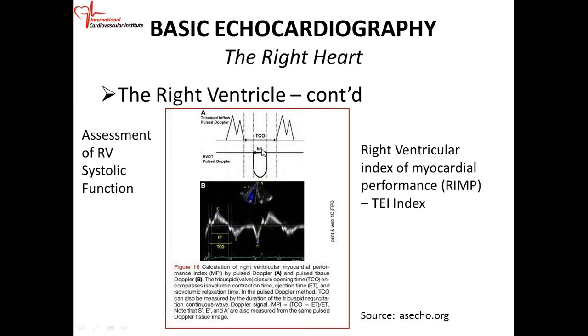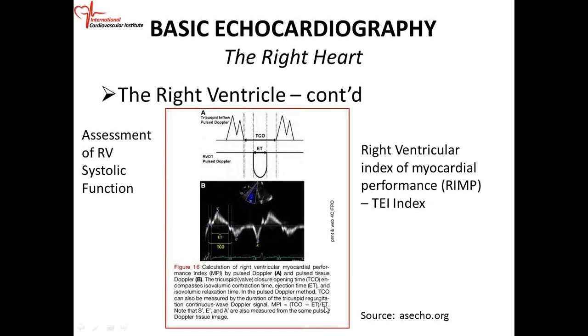So that's the definition, and it is right here. I'm going to fully explain that. So myocardial performance index: tricuspid valve opening to tricuspid valve closing, minus the ejection time, over the ejection time.